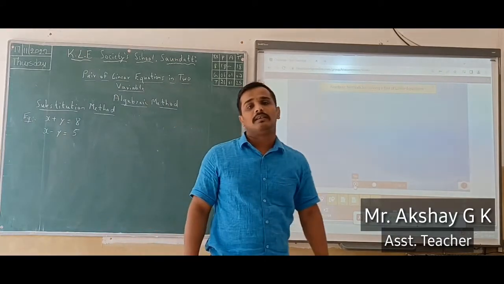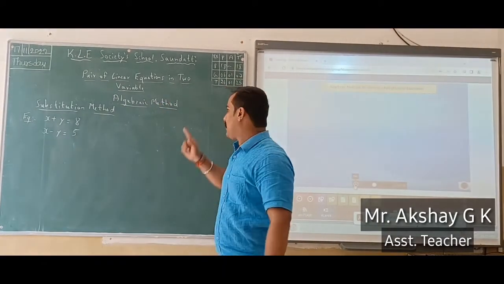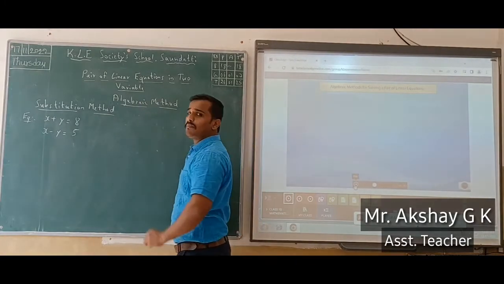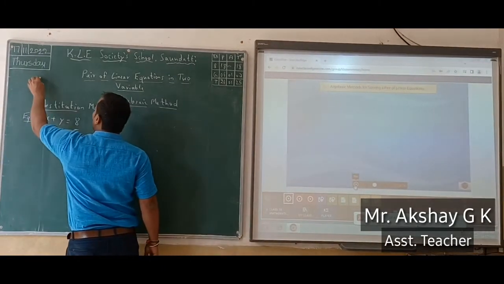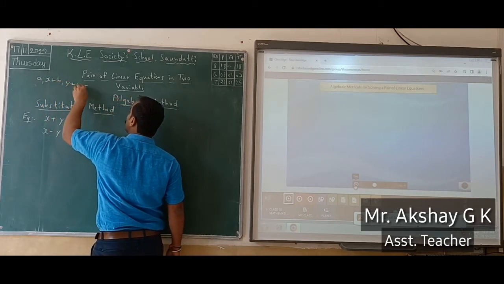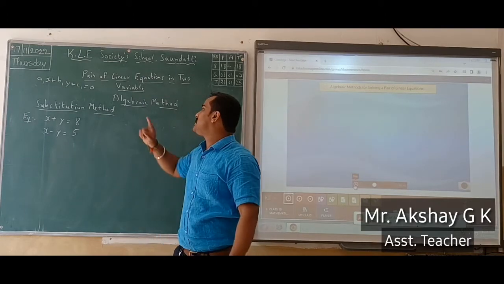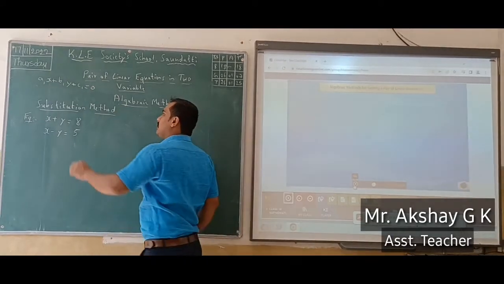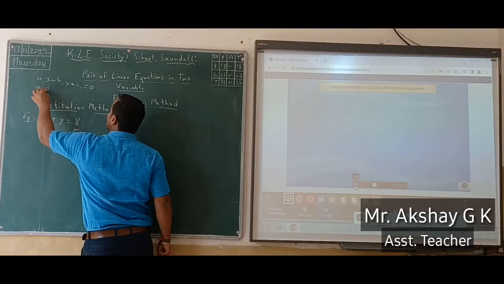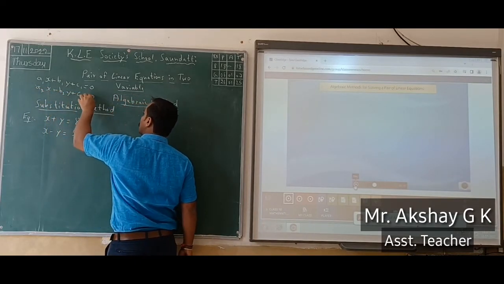Substitution is nothing but solving equations which are in pairs. For example, the general form is given as a1x plus b1y plus c1 equal to 0. It is an equation which is nothing but a linear equation, and a2x plus b2y plus c2 equal to 0.